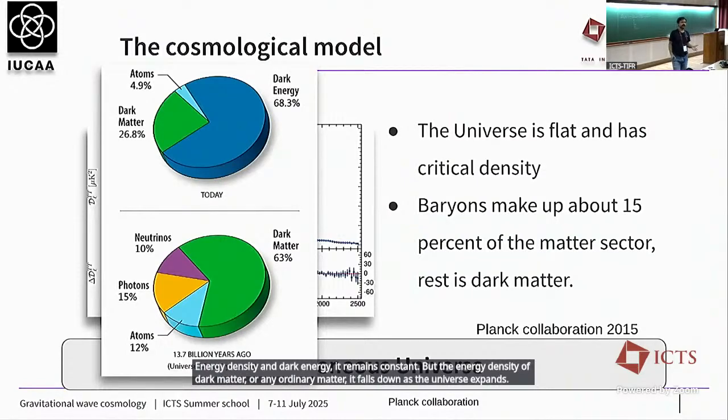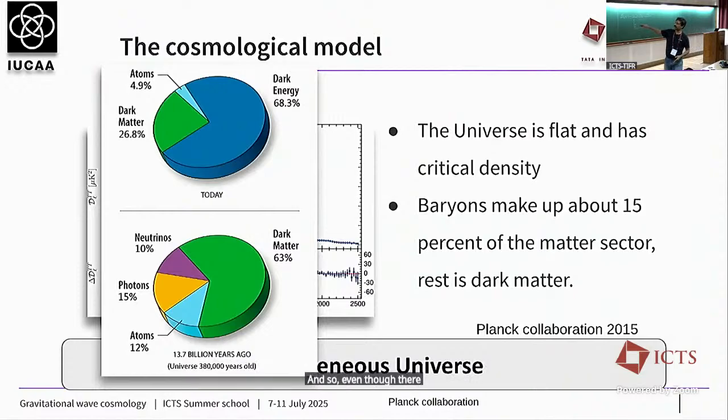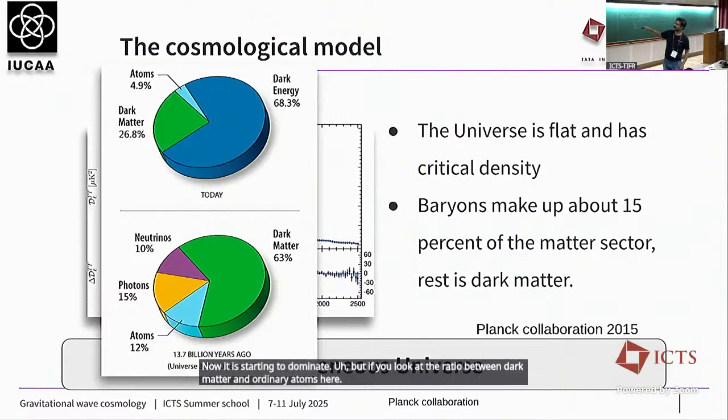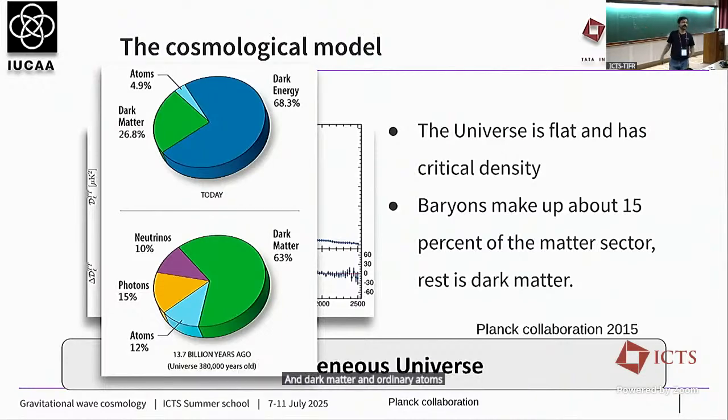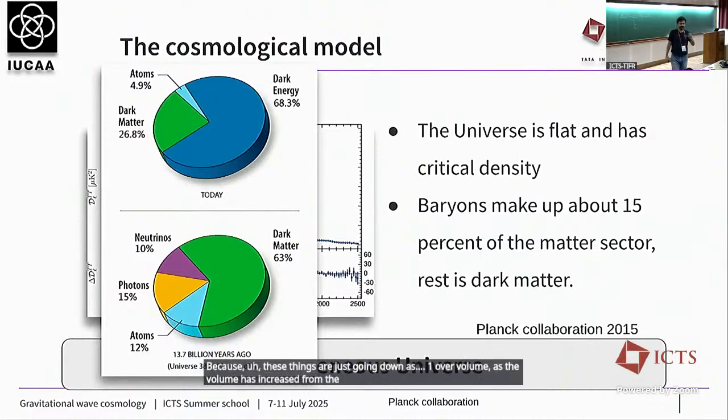So even though there was not much dark energy in the early ages, now it is starting to dominate. But the ratio between dark matter and ordinary atoms should be the same then and now, because these things just go down as 1 over volume, as the volume has increased from the time that the CMB was released to today.